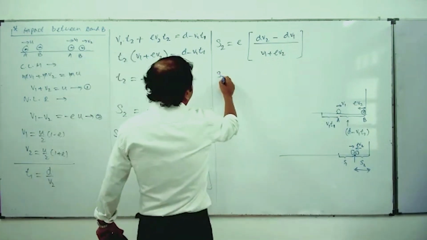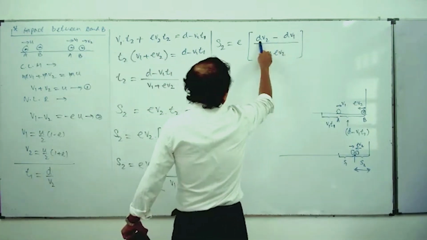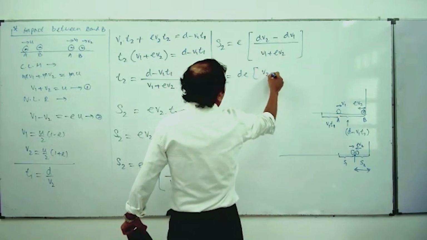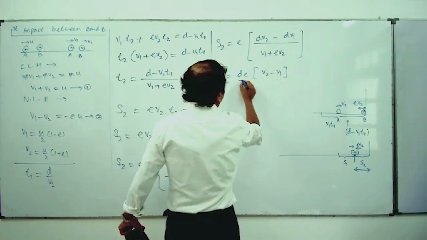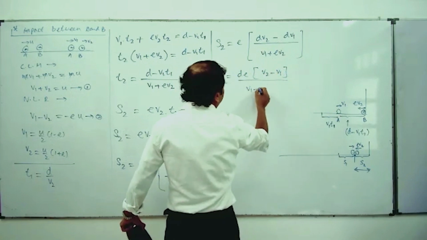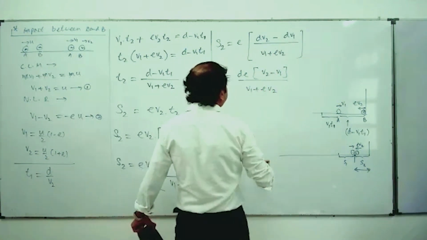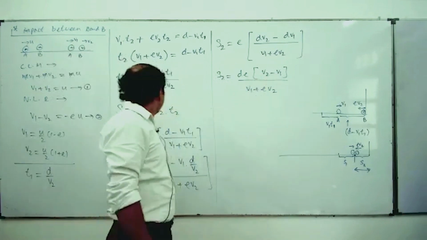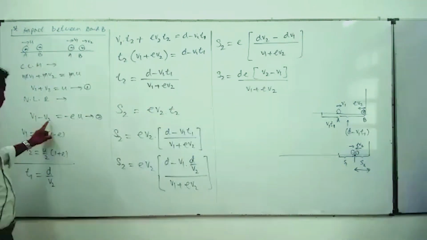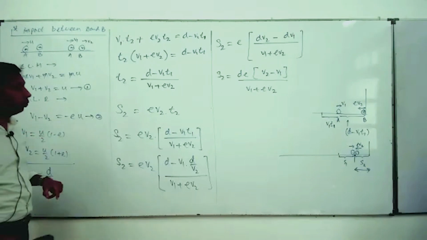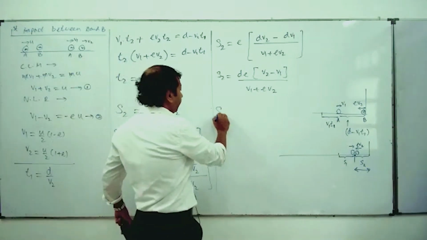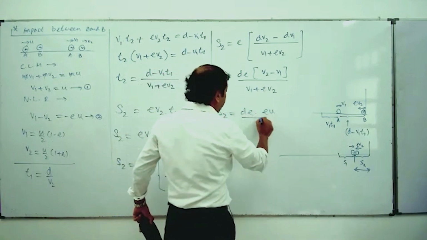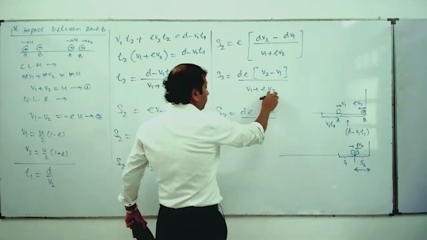Now, take this D out. D E within brackets V2 minus V1, over V1 plus EV2. Now substitute for this V2 minus V1 by this answer. V2 minus V1 means EU, right? V1 and V2 now we substitute.